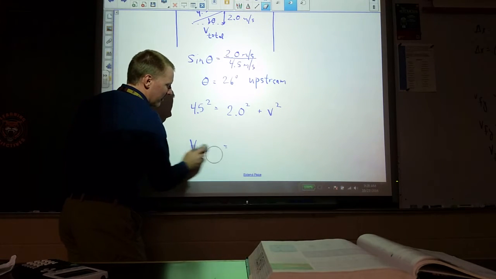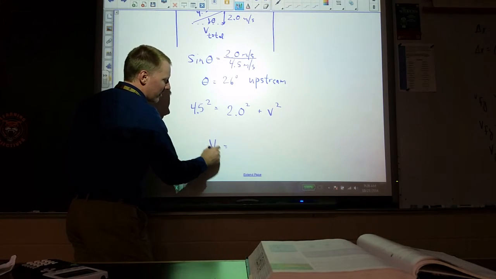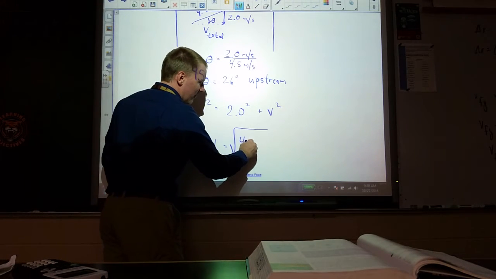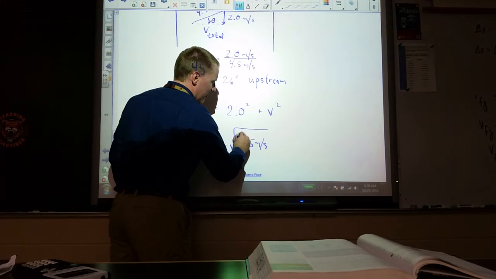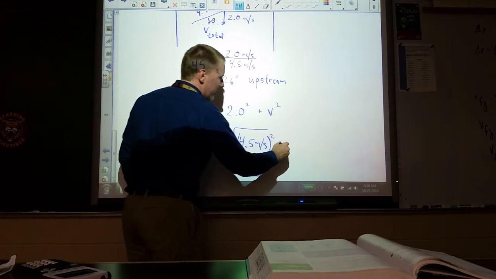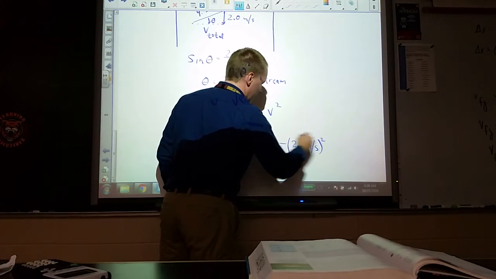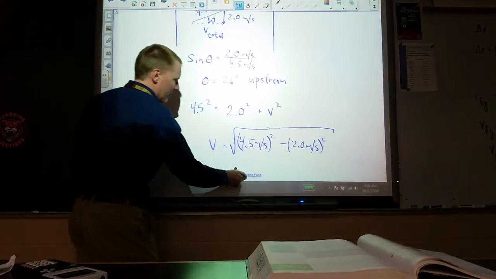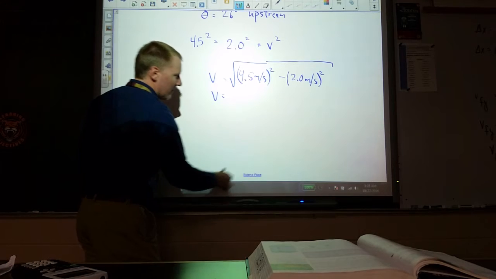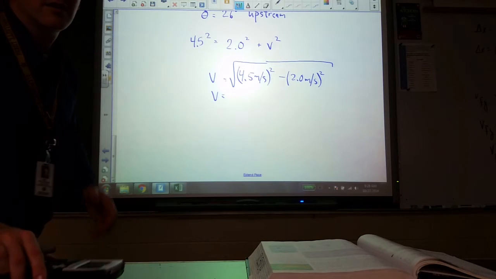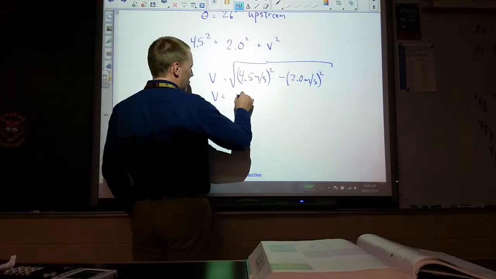And so our V total is going to be the square root of 4.5 squared meters per second squared minus 2 squared. So our velocity straight across, how much? 4.0. So 4 meters per second.